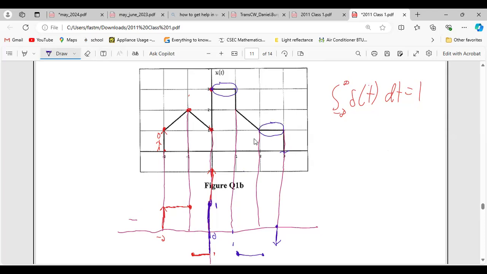I need to write something for this going down, so I had to write an impulse going down. Then you have the ramp, then nothing, and then the impulse. So first you're going up: impulse, ramp, step.